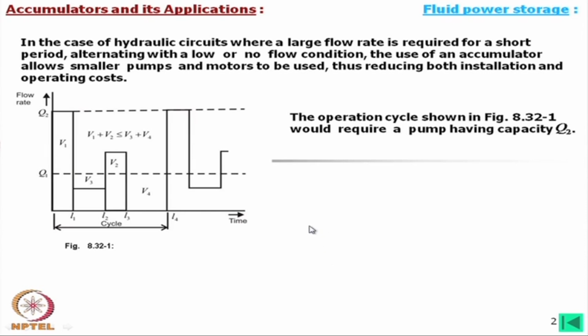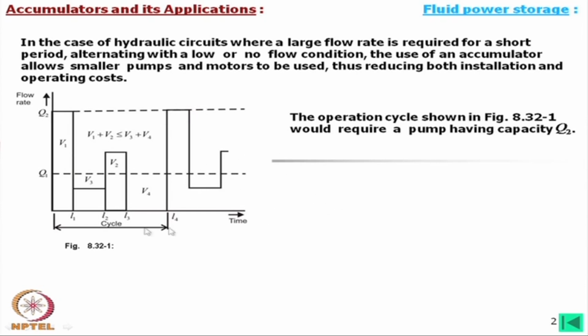Now, if we look into the operation cycle of any system which would require a pump having capacity of Q2, then say initially it needs V1 and then V3, then volume V2 and then V4 and so on.